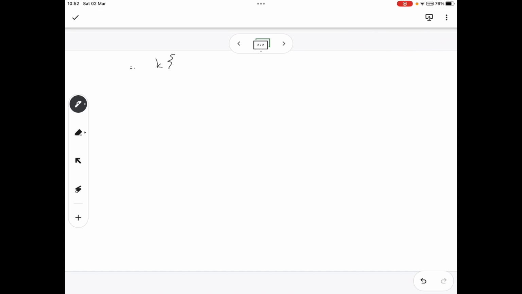And we can take out the common factor k, and when we take it out, we're left with a half plus a quarter plus an 8th all the way.